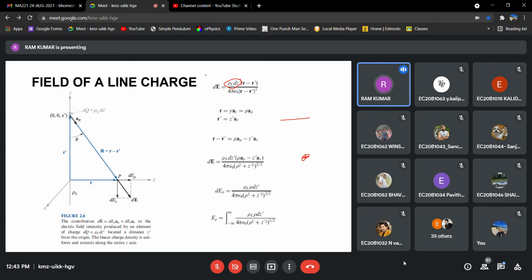Except this, everything is the same: Q by 4 pi epsilon naught, the distance by distance cubed. Now, this is the representation of line charge. Usually we represent Q as point charge, rho L dl as line charge, and similarly for sheet we use rho S, the surface or sheet charge. So we replace this Q with rho L dz dash, as the line charge is fixed along the z axis we have assumed.